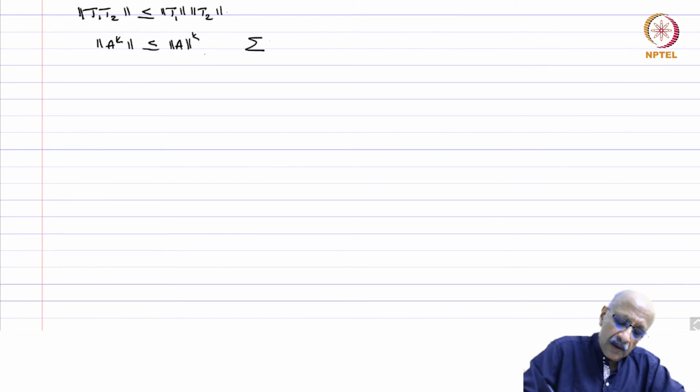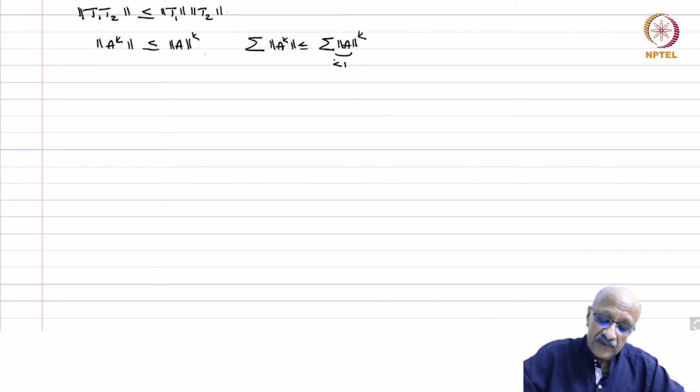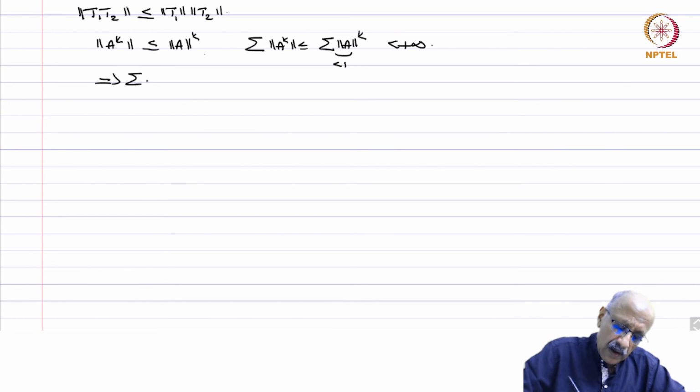Therefore sigma norm of A to the power k is less than or equal to sigma norm A to the power k. Norm A is less than 1, so this is a summable geometric series and therefore convergent, and therefore sigma A to the power k is convergent by the previous exercise.